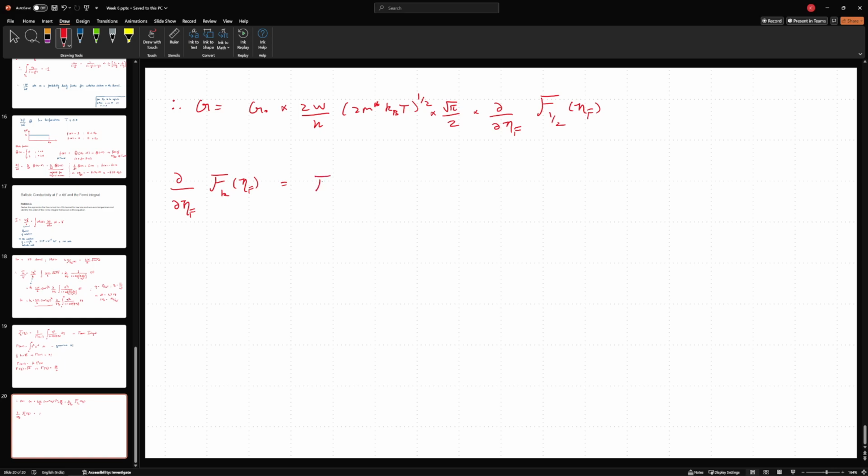I will just have f of k minus 1 of eta f. All the other normalization factors have been taken care of. So whenever I take the derivative with respect to the Fermi energy variable, I will step down by one order. Since that is what is being done here, this expression is proportional to not f half, but f minus half of eta f, with the appropriate proportionality constants.